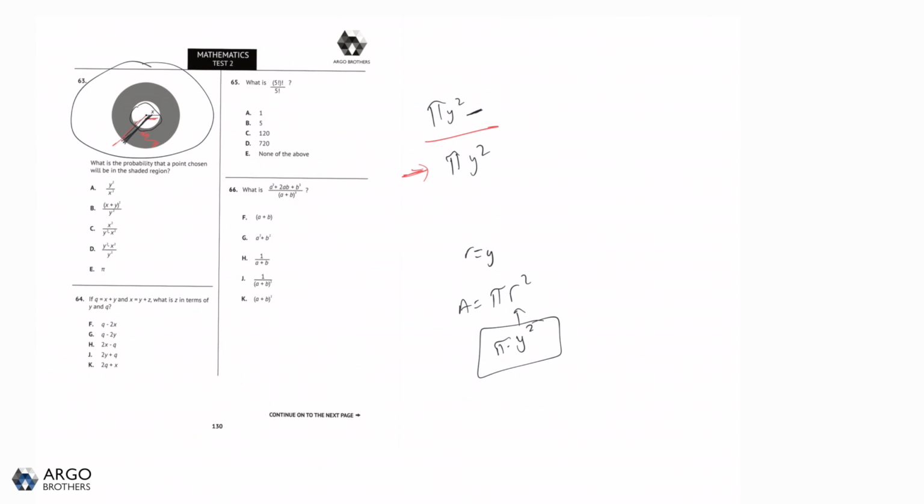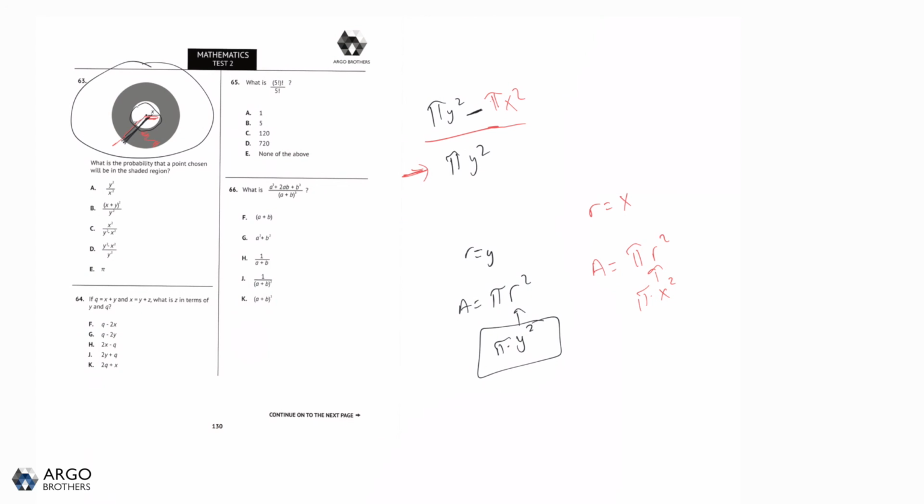Well, I know that the radius of the unshaded region happens to be x, so I can once again use my formula. A is equal to pi r squared. R is simply x, so it's x squared times pi. So over here I would subtract pi x squared, and this would essentially give me the probability that a point could land in the shaded region.